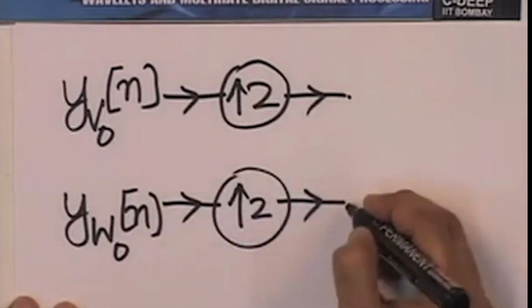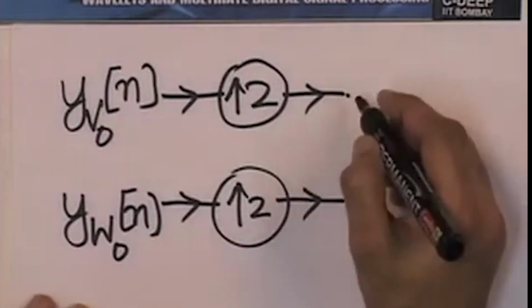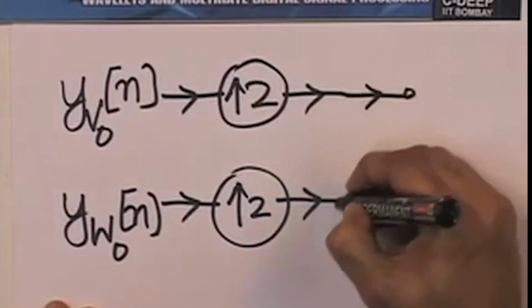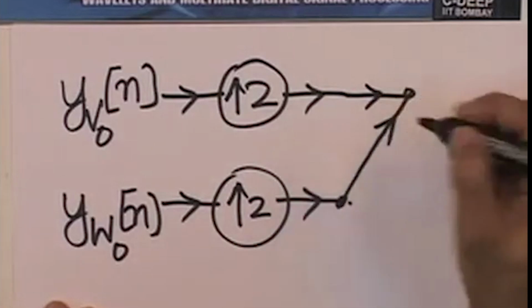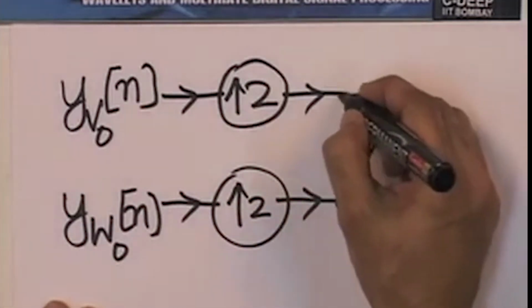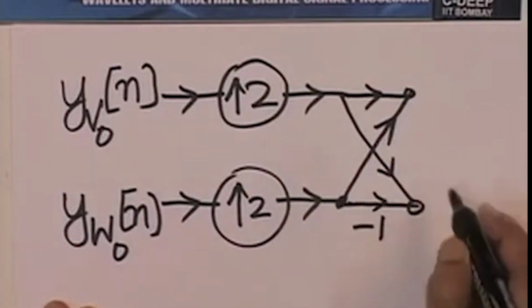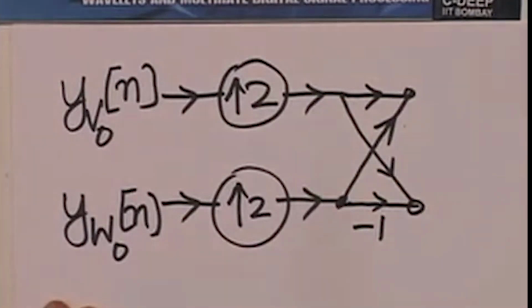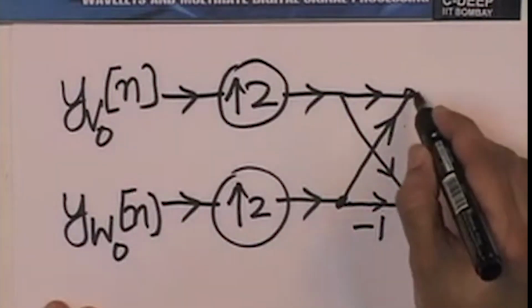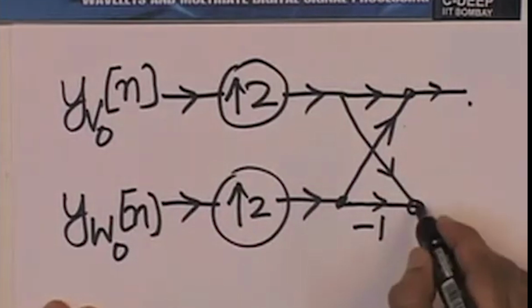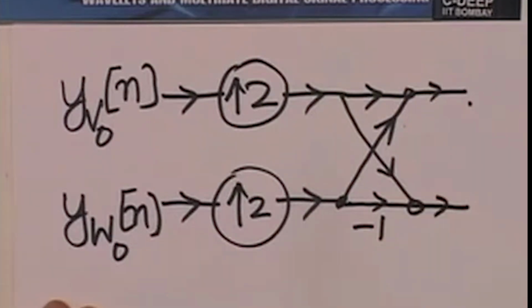So, now I get the outputs of upsampling. Now, I add and subtract. So, I have the sum of these outputs on one branch, this plus this and this minus this on another. This is the sum branch, this is the difference branch. And what I am saying is, I pass the sum branch at one instance and I pass the difference branch on the next instance. And remember, this is operating at twice the rate.